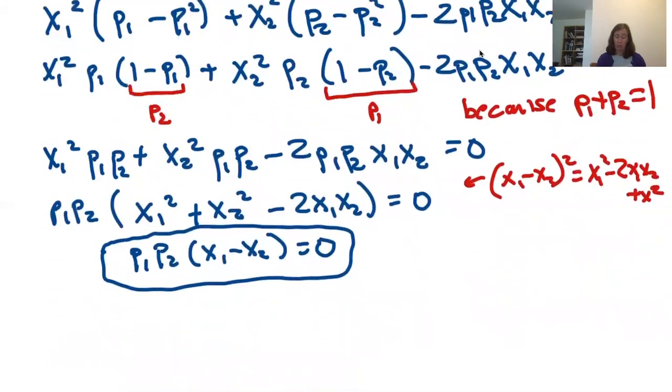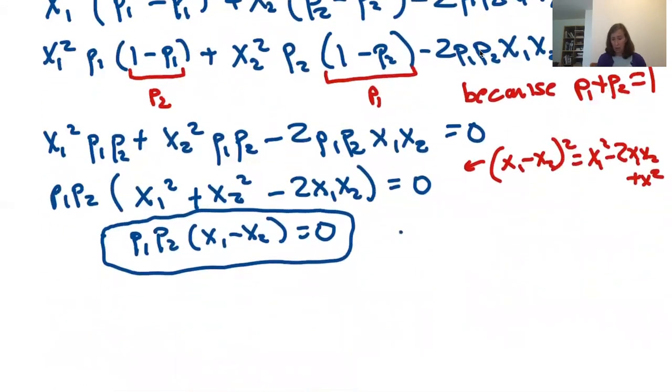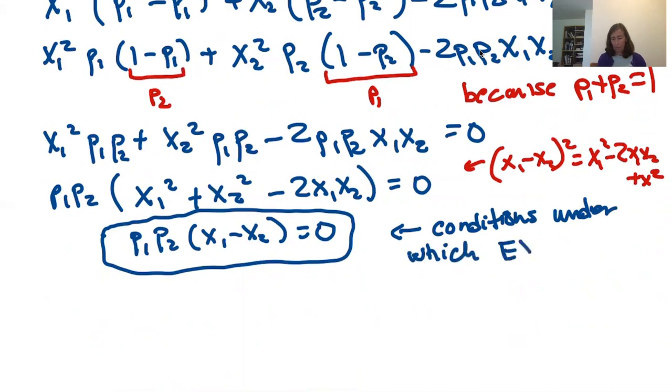Now we know, okay, this tells us the conditions under which we can switch the order of squaring and taking the expected value.